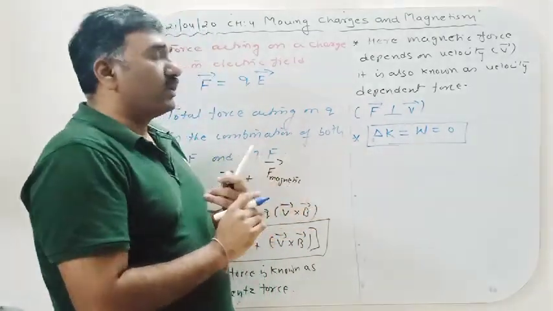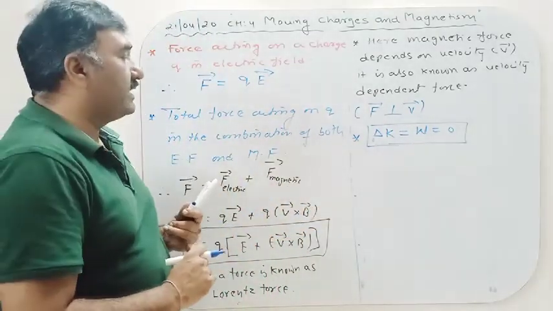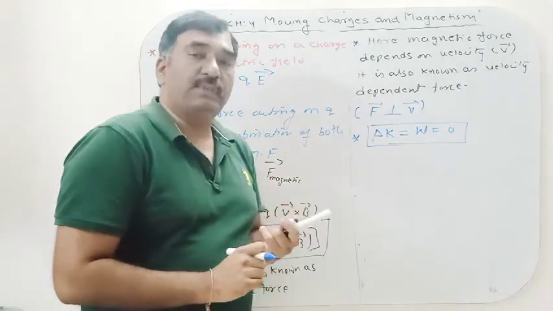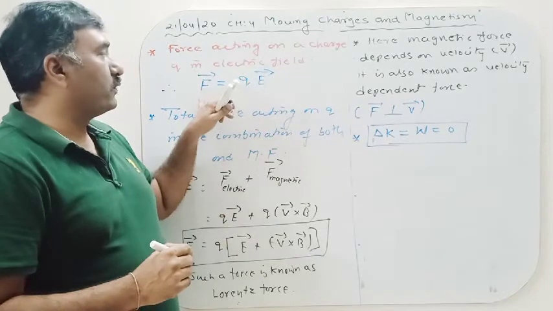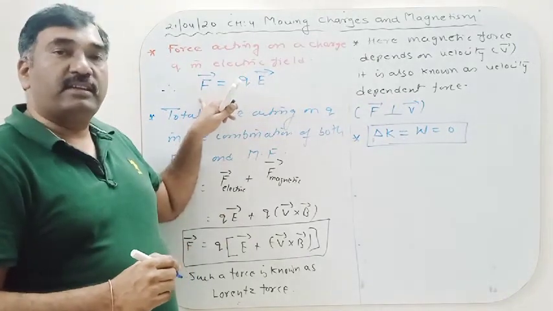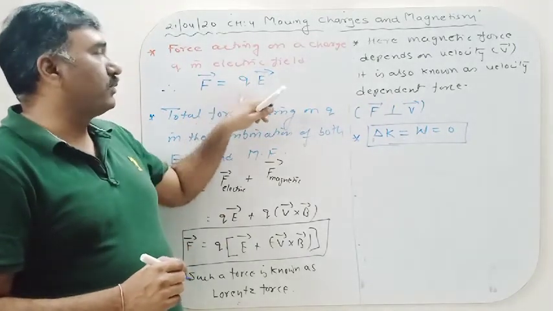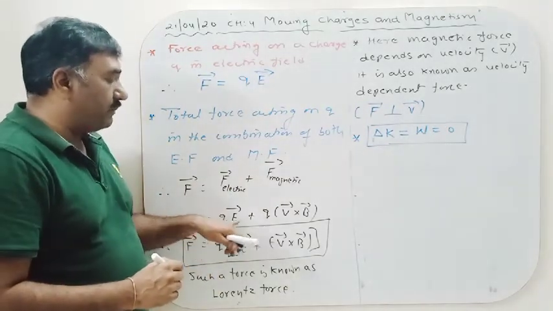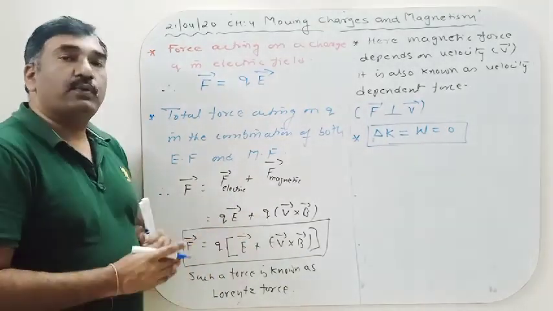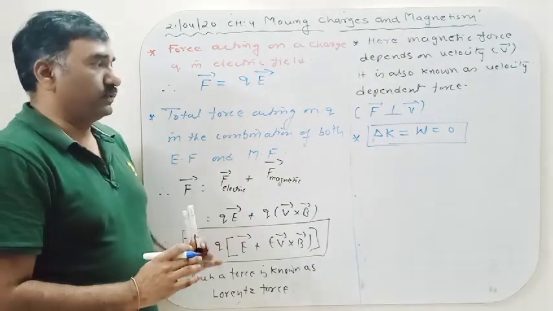What is the formula for the force acting on a charged particle moving in a magnetic field? F is equal to Q V cross B. And for a charged particle entering an electric field, F is equal to QE. Combining these two, F is equal to QE plus Q V cross B, and such a force is known as the Lorentz force.